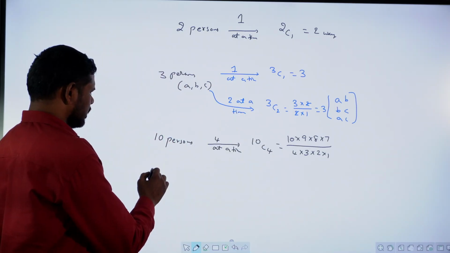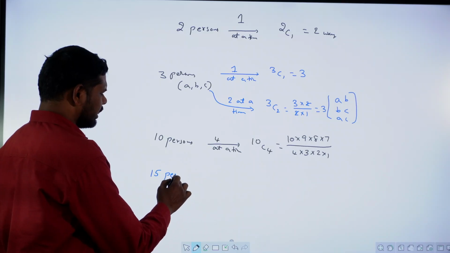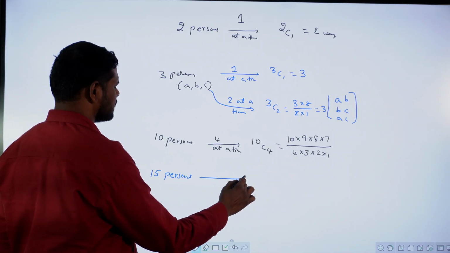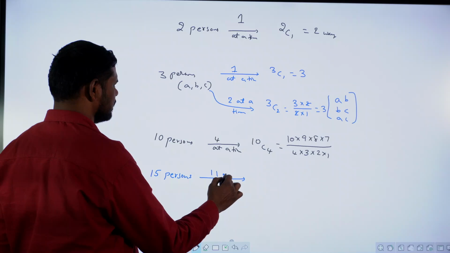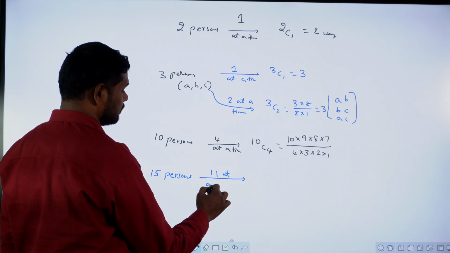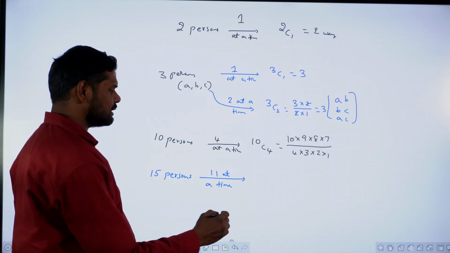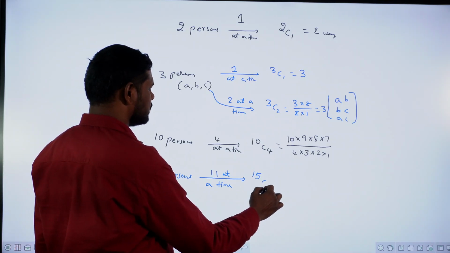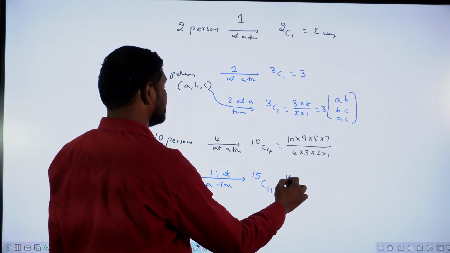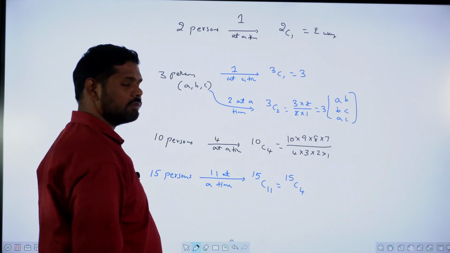Suppose for the Indian cricket team, out of 15 persons, we need to select an 11-member team, 11 at a time. In how many ways? Out of 15, we need to select, 15C11. 15C11 can also be written as 15C4.